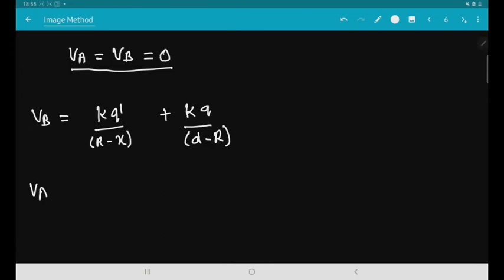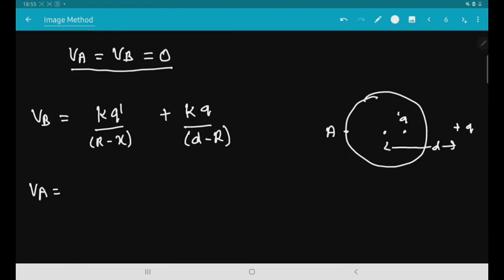Again, one more condition we can write, that is for point A. Let me draw the sphere here. Point A is here. This is the center. Here we have the Q dash charge and positive Q is here. This distance we know is D. So for this point A, again we will consider the image charge Q dash.